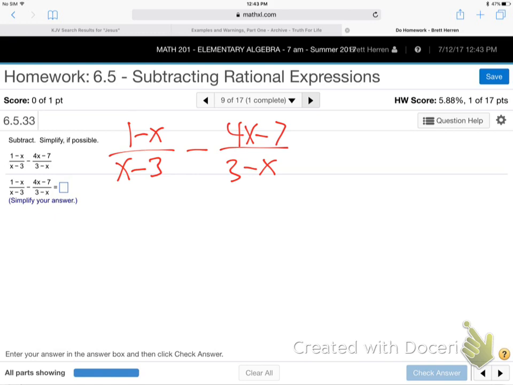So let that minus go boom, boom. Minus 3 plus x. So that is x minus 3.